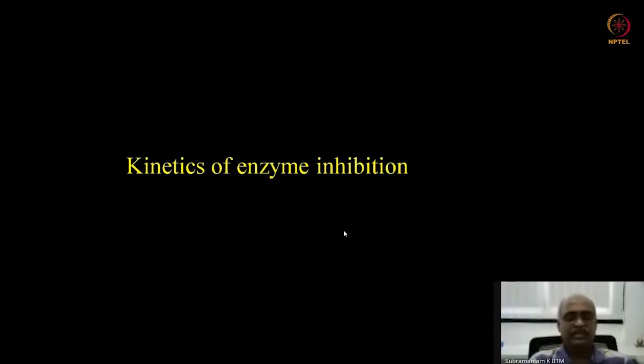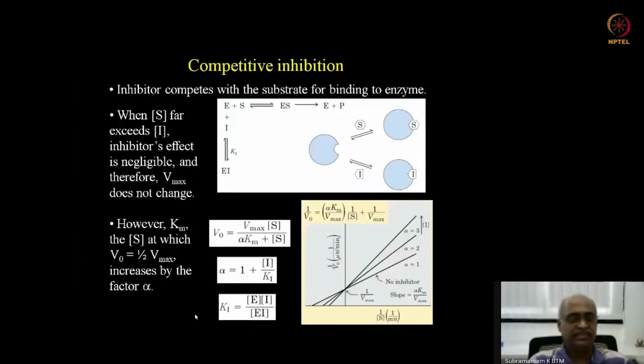So let us look at what kinds of inhibitors there are and how they can be distinguished kinetically. The first one we are going to look at is the competitive inhibitor. Competitive inhibitors compete with the substrate to bind to the active site.